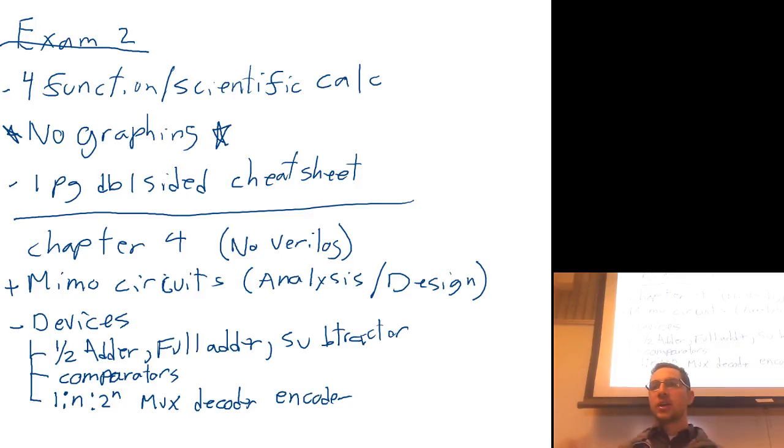Encoder and decoder are opposites of one another. A decoder reverses what an encoder does. A decoder also undoes what a multiplexer does. Okay, multiplexer also a data selector. And these devices you're expected to be able to build big ones with small ones, and also to be able to build the smallish ones. All right.